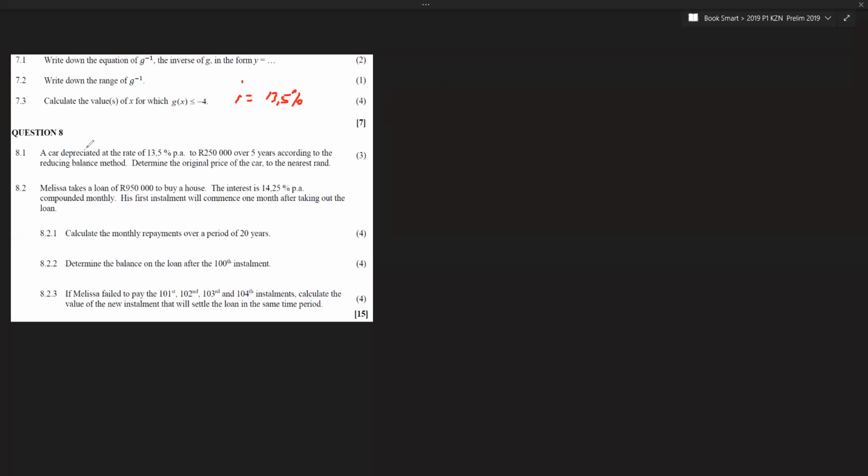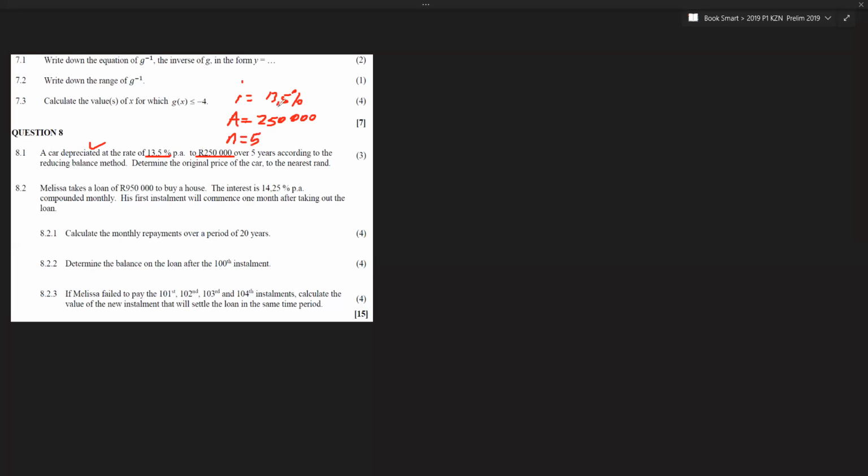So they say a car depreciated at this rate to here. So obviously, that is my A because it's the final amount that it depreciated to, 250,000 rands, over 5 years. So my N is 5 years.